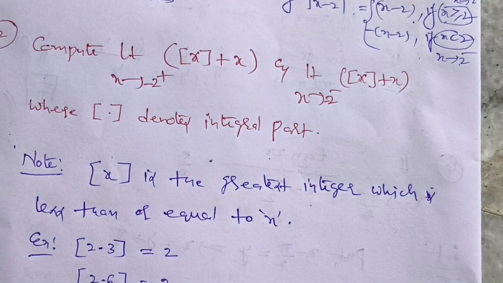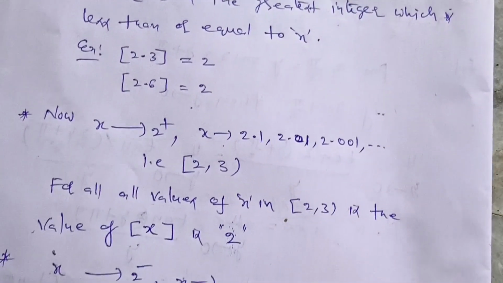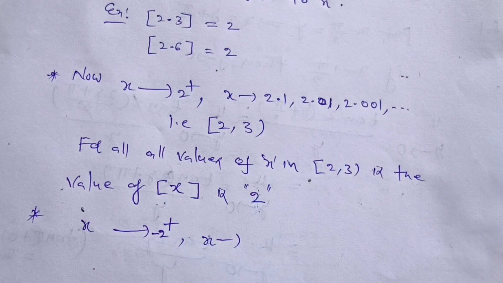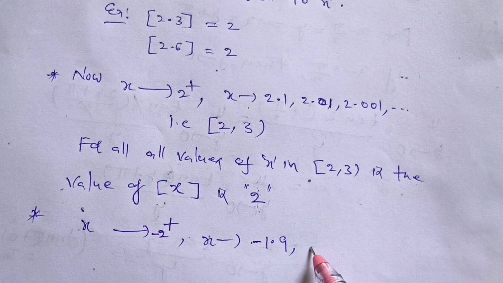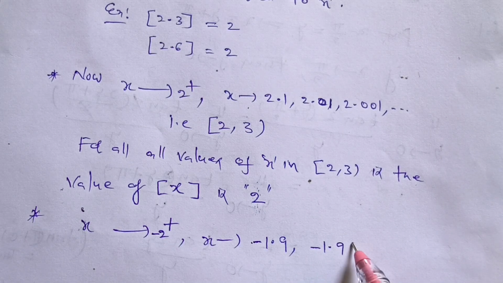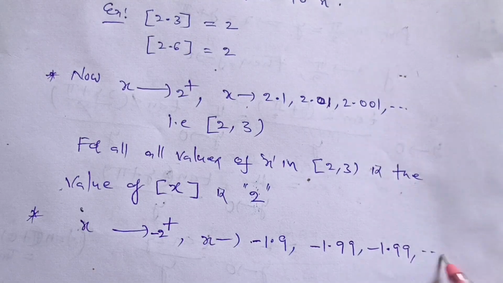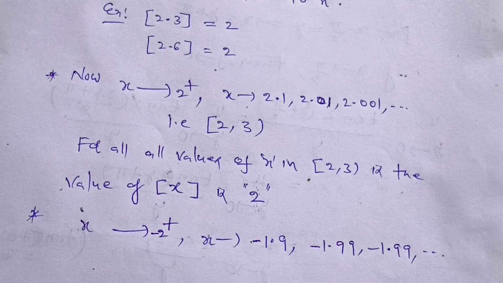Sorry, here I mean minus 2 plus, not minus 2 minus. x tends to minus 2 plus means x values greater than minus 2, that is, minus 1.9, minus 1.99, minus 1.999 and so on.